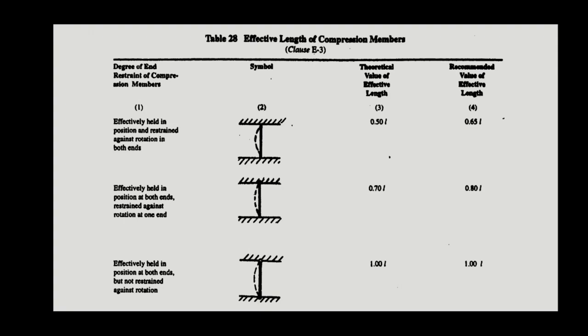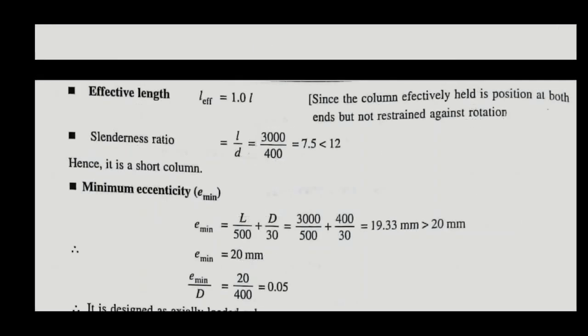As per the problem, effectively held in position at both ends but not restrained against rotation. Look, the symbol is also given. So the recommended value of effective length is 1L, so we should take this. So effective length is 1L, then slenderness ratio is equal to L by D.